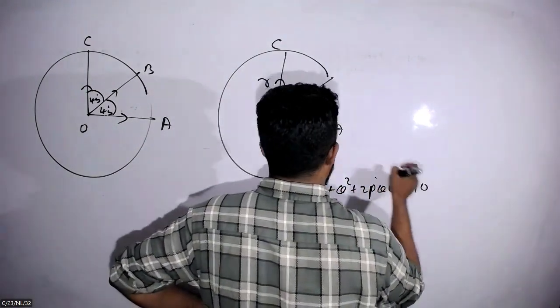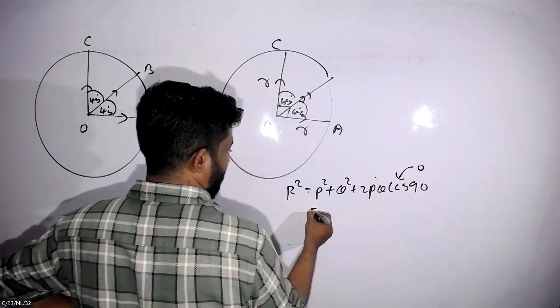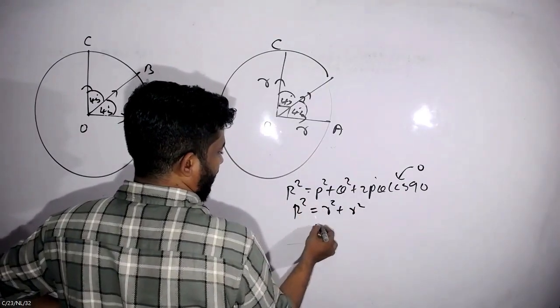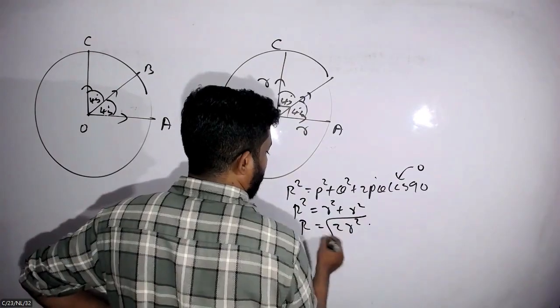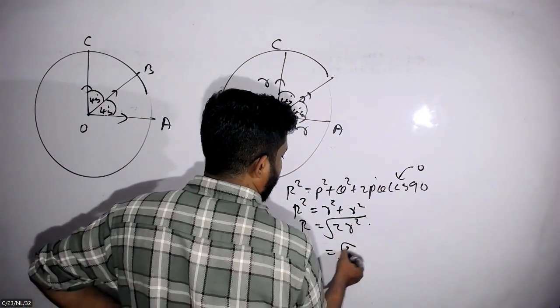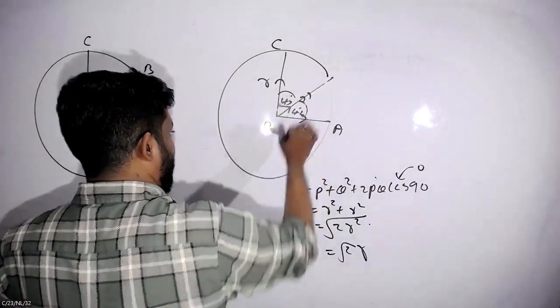Here the angle between the two vectors is 90, so this term becomes zero. Then R squared plus R squared is equal to capital R squared, so 2R squared. Then capital R is equal to root 2 into small R. This length is root 2 into small R.